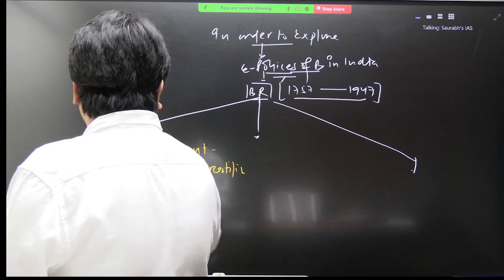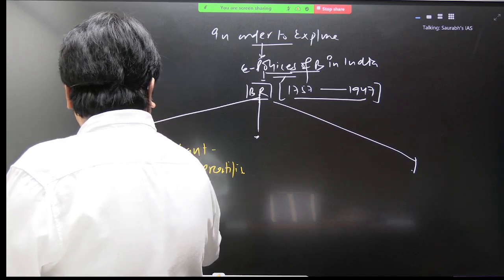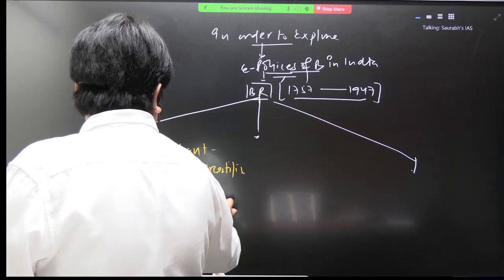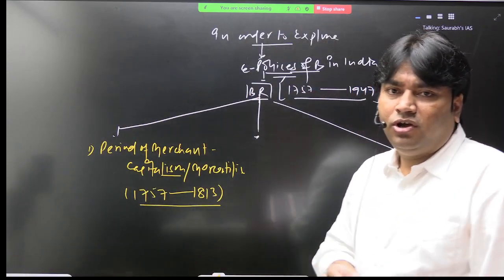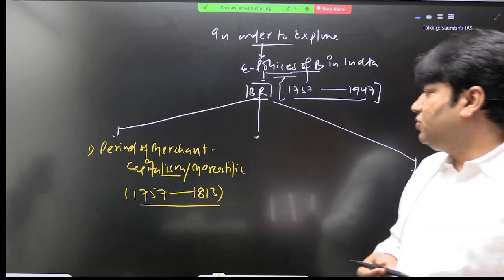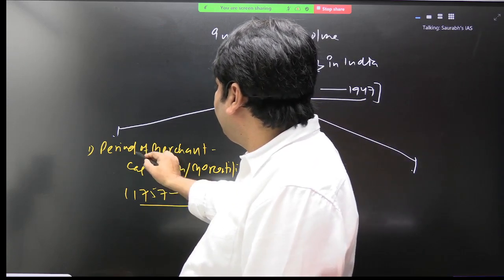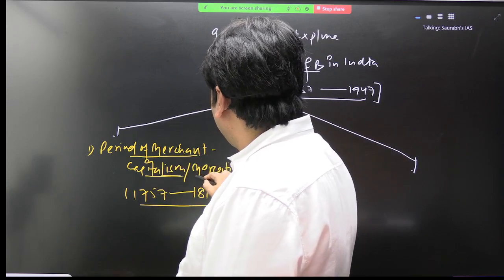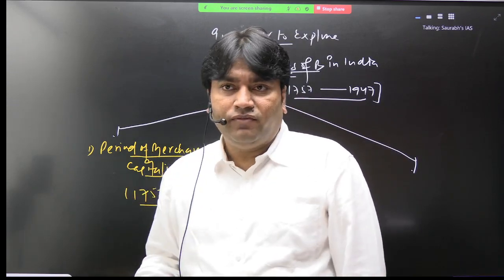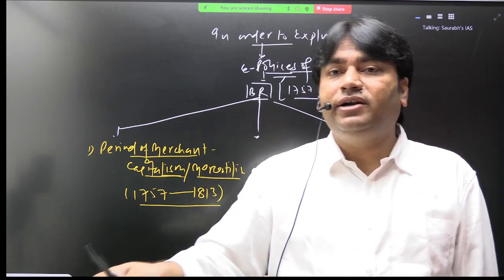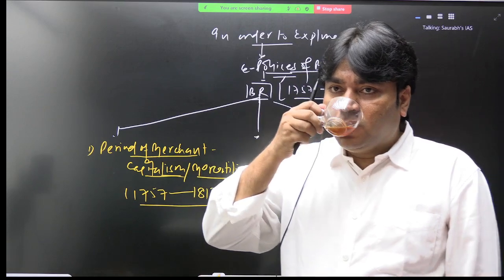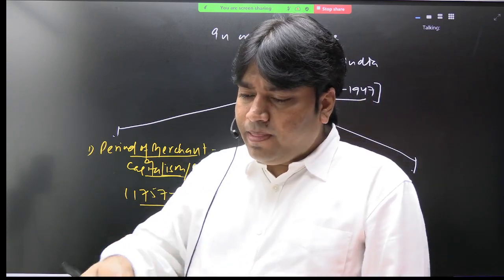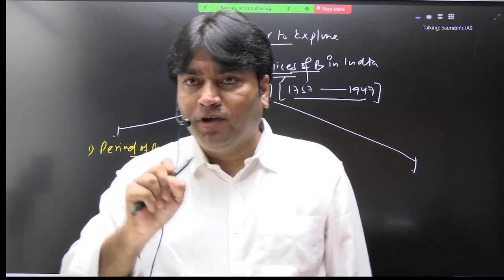And what is the time period? From 1757 to 1813. This is the initial phase of the establishment of British rule in India. Got it?